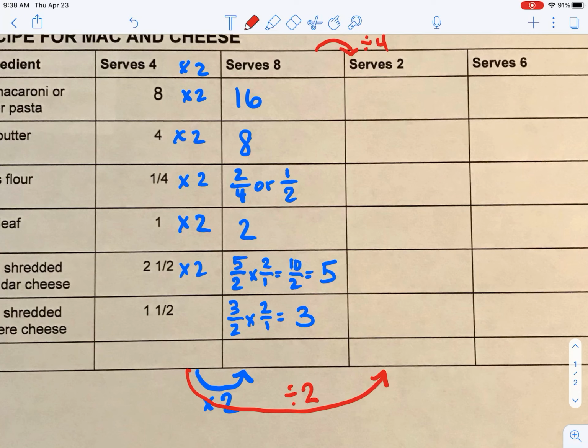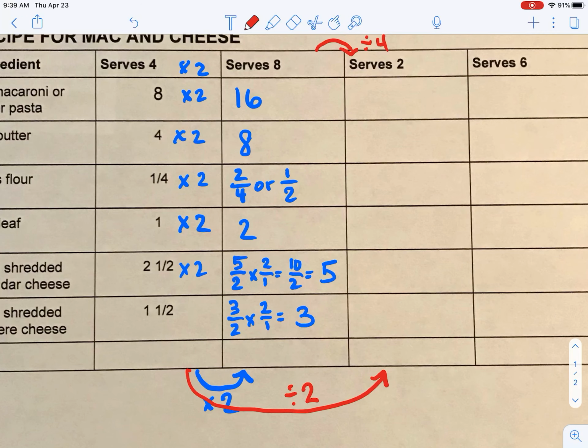Okay, so if you recall, we can work in several different ways on a ratio table. I could start from the first column and divide 4 by 2 to get the serves 2, or I could take the serves 8 and divide by 4. I'm going to start with the serves 4 because the division is easier. Actually, you know what?